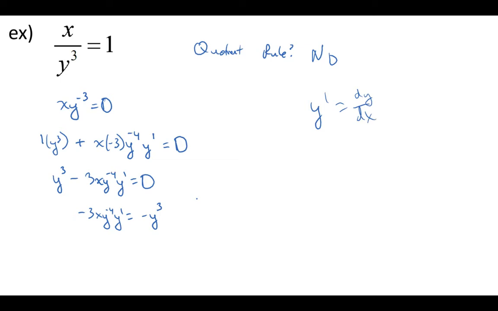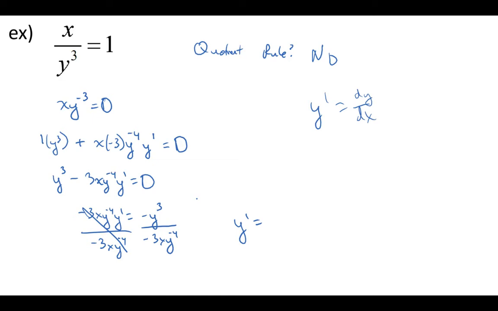All right, so then to get the y prime by itself, we divide by everything else attached to it. So we're going to divide by negative 3x y to the negative fourth on both sides. It gets wiped out. So we're left with y prime equals, since we have two negatives, we'll make it positive. And also, since we have a negative 4 on the bottom of the fraction, that would go up and make it positive.